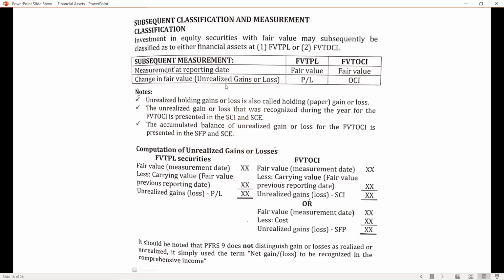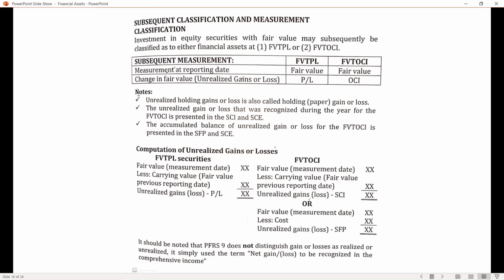So, measurement on the reporting date, fair value, the same fair value, and change in fair value, magre-recognize tayo ng unrealized gain or loss under PNL or OCI. So, ang mangyayari dito guys is, nung na-receive natin yung or nabili natin yung ordinary share or preference share, time to time, nag-change yung market value.